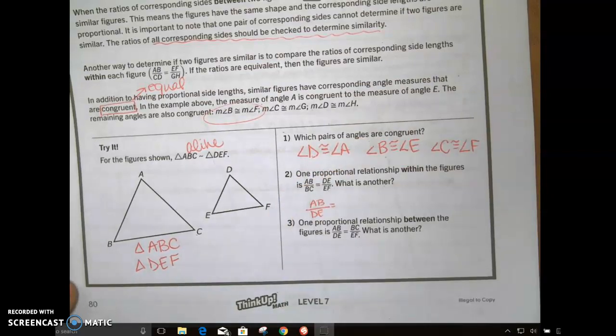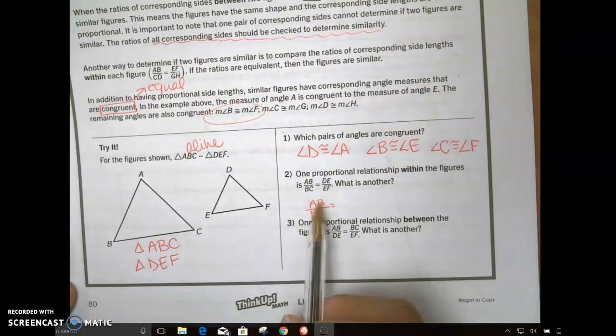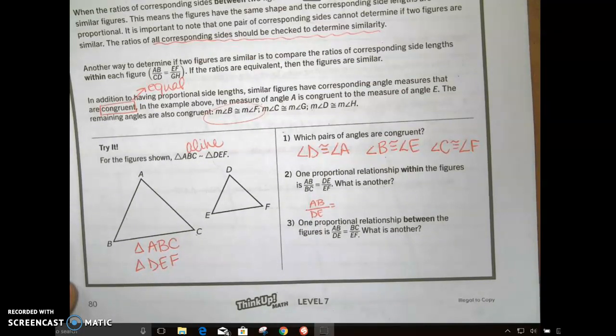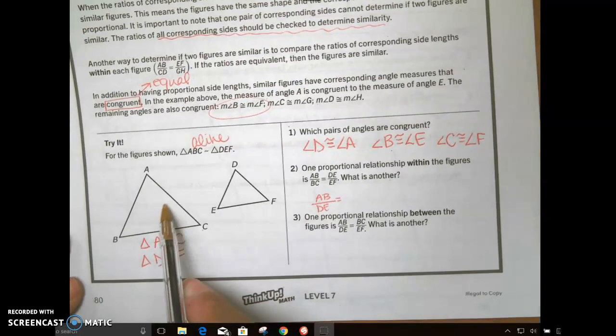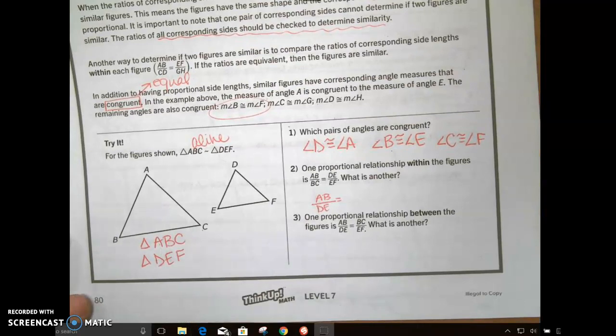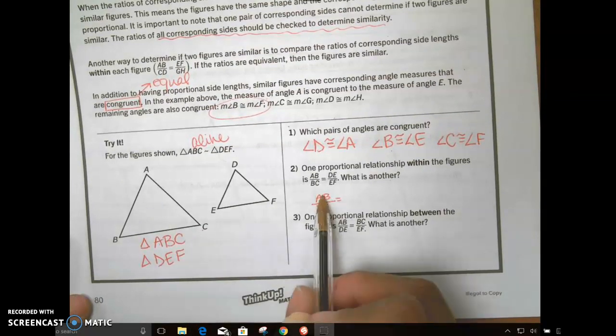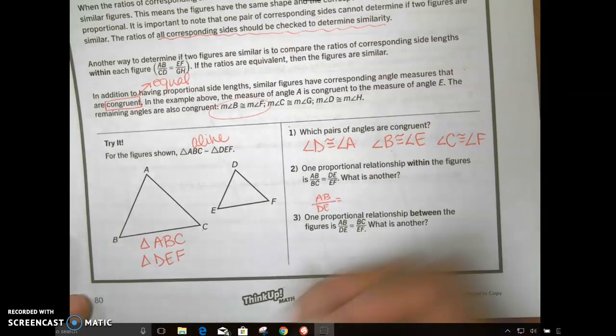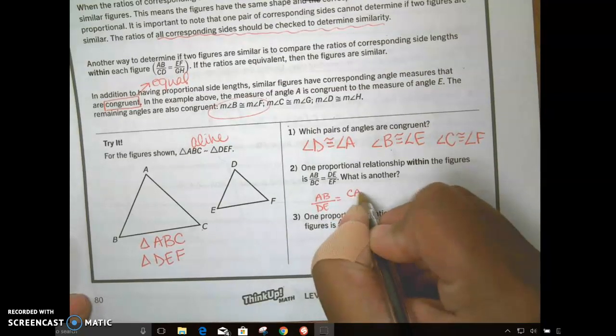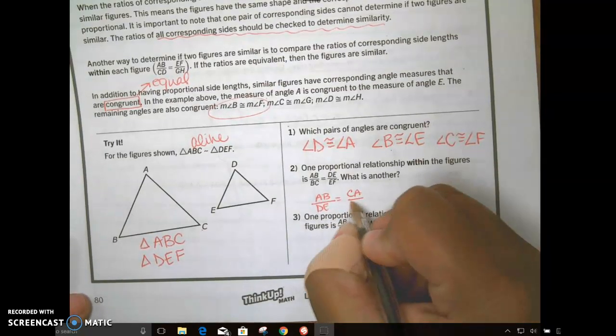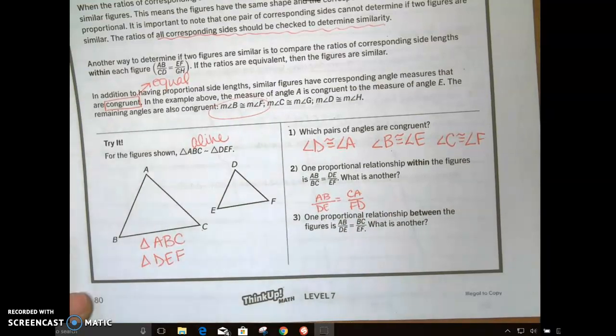And then who else? I have to stay with triangle ABC. I have AB. Okay, CA equals FD. That works. Okay?